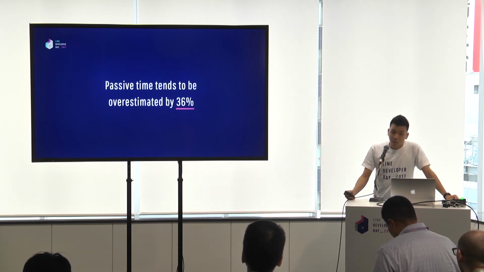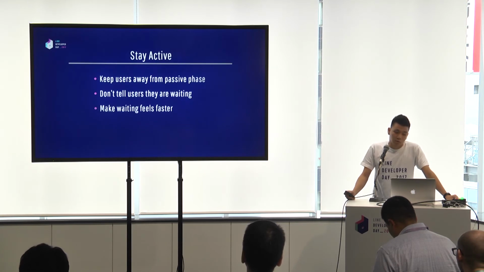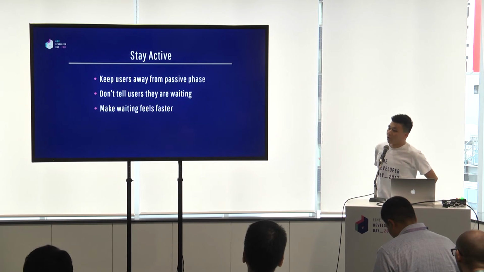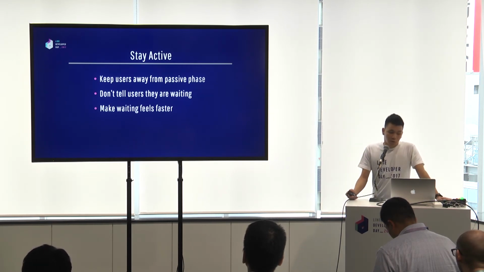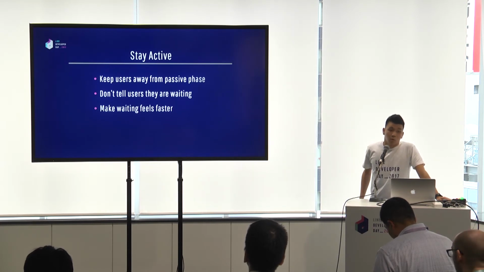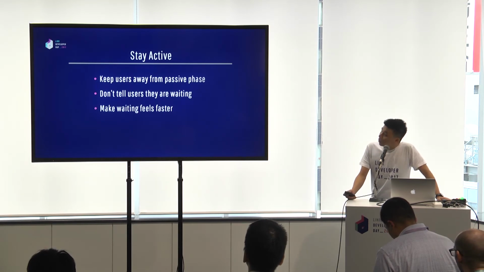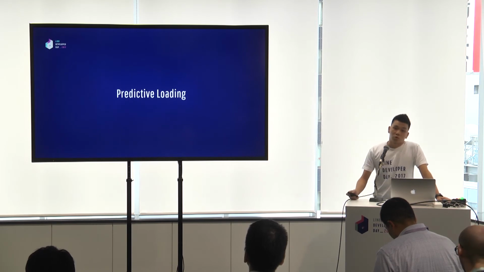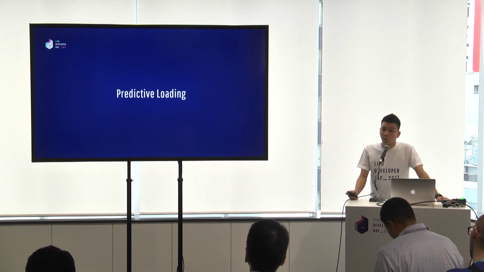So what's important is to let users stay active. We have three takeaways for keeping users active. First, keep users away from the passive phase. And if the passive phase is inevitable, we don't tell users they are waiting, or we can make the waiting feel faster.